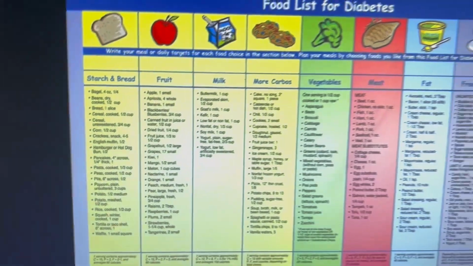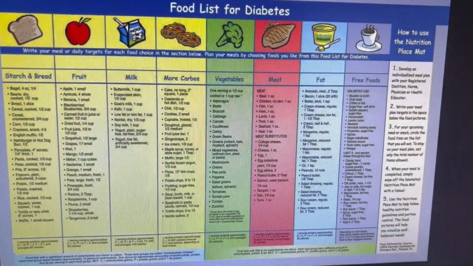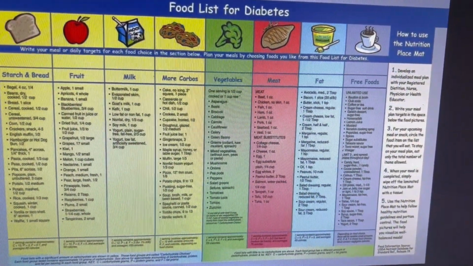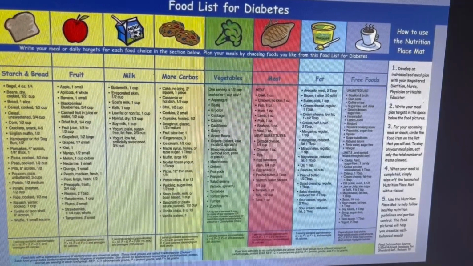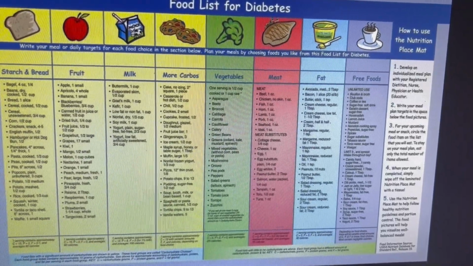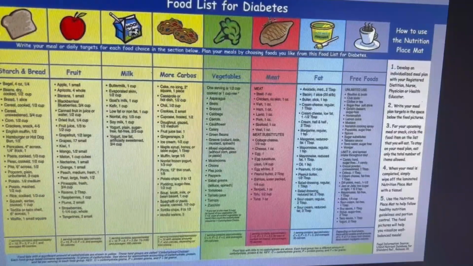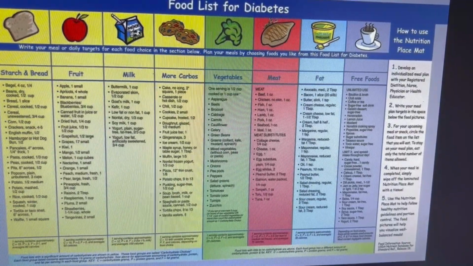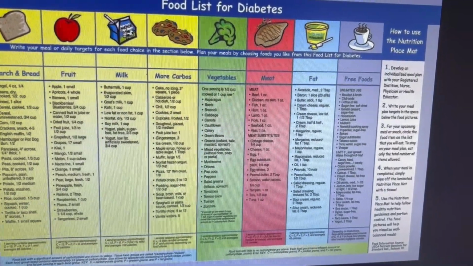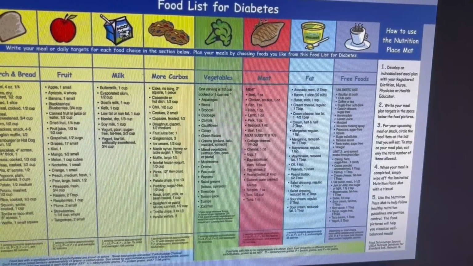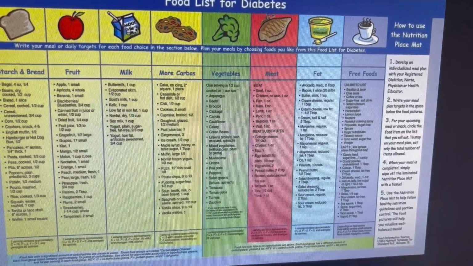While discussing a diabetic diet, I showed the patient this pamphlet. As you can see, it shows the different starches, fruits, milk, carbs, vegetables, meats, and it also tells them how to use the nutritional placemat.